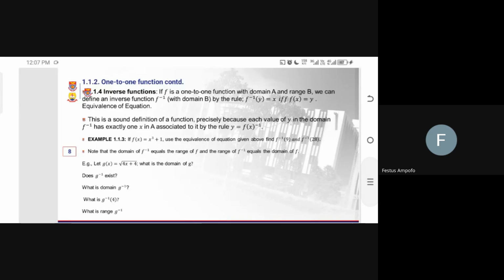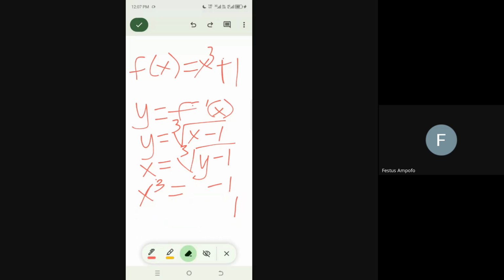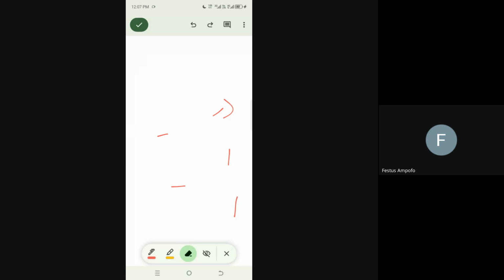Okay, so let's solve it. So we have g of x equal to the root of 4x plus 4.